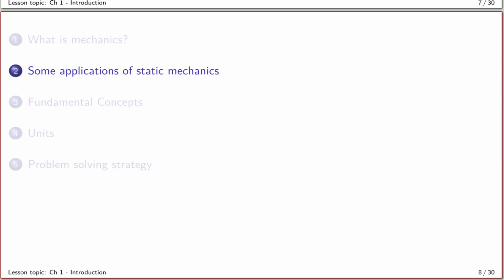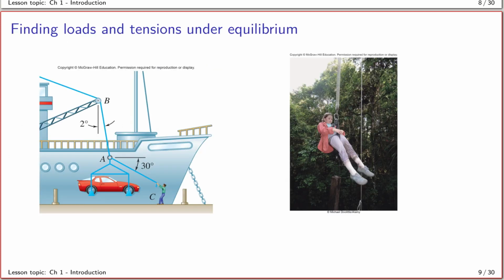So let me give you some applications of static mechanics. Now look at these two images here. In the image on the left, this person is trying to adjust the position of the car as it's being loaded on the ship.